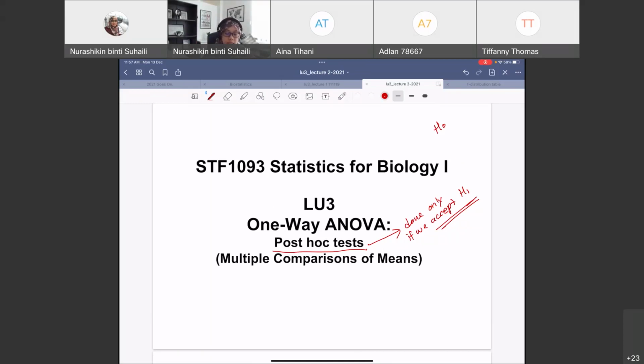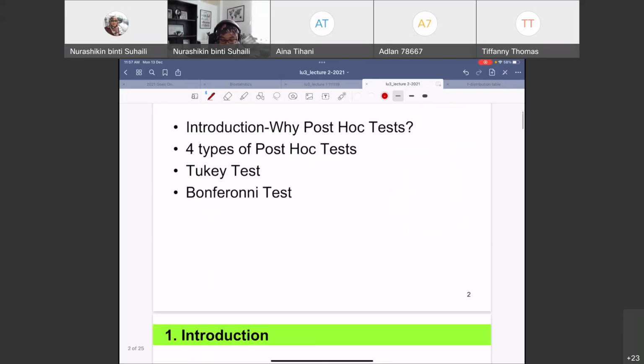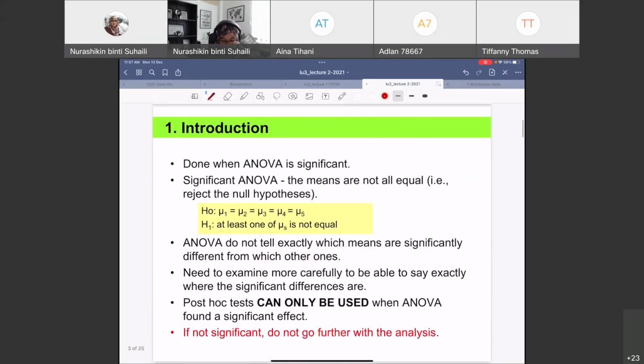Is it between fertilizer A and control, fertilizer A and B, B and C, D and E, and so on? There are various combinations, isn't it? We're talking about pairs. That is the purpose of the post-hoc test. I think I have done the introduction.